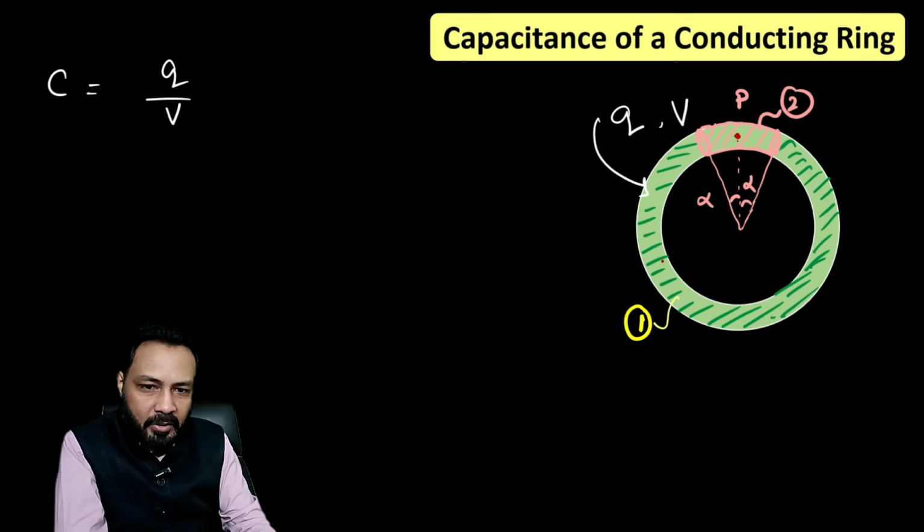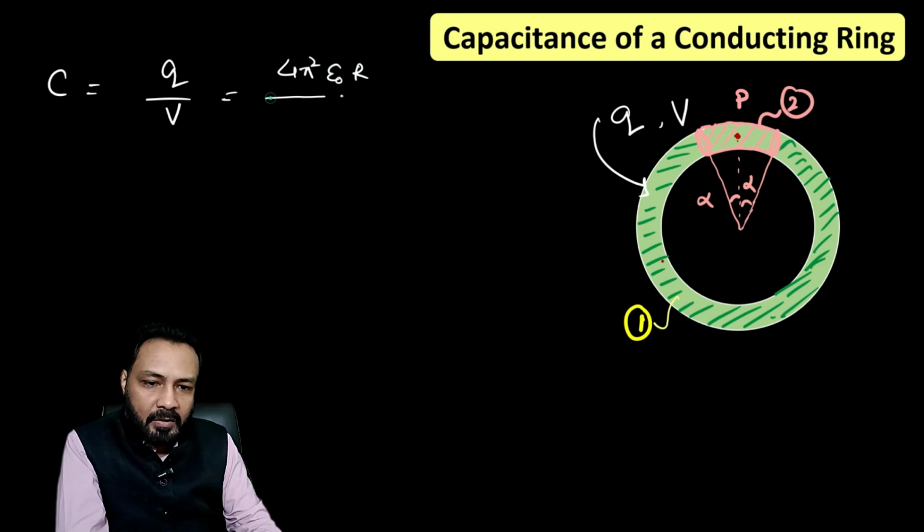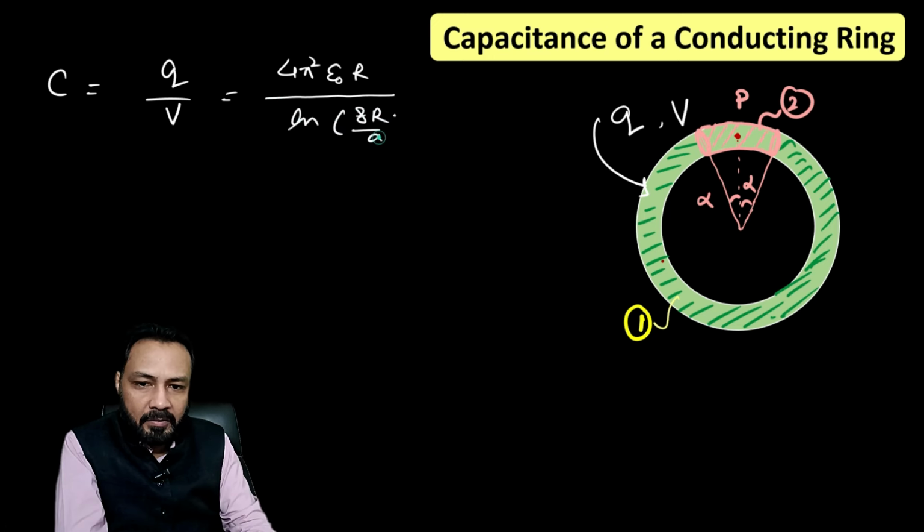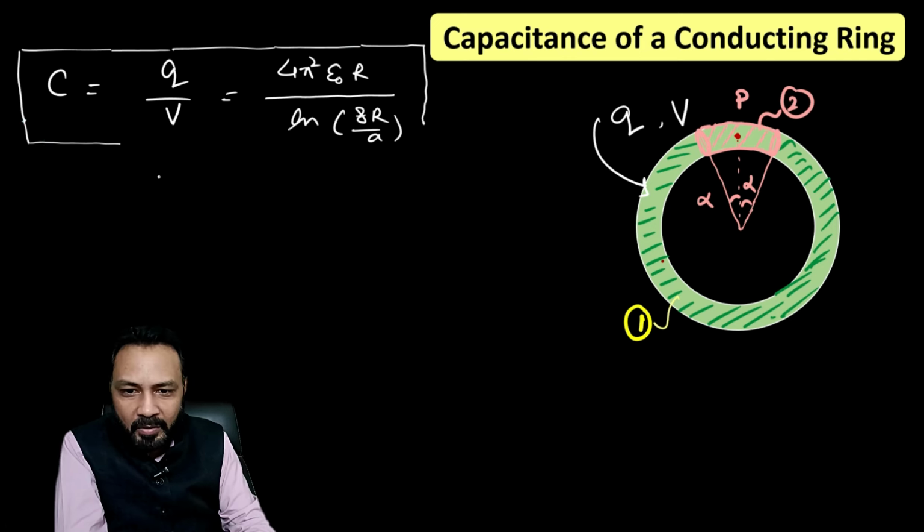So the capacitance of this charged ring becomes 4 pi square epsilon naught r divided by ln 8r by a.